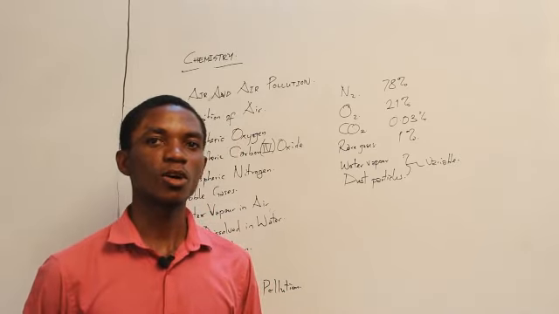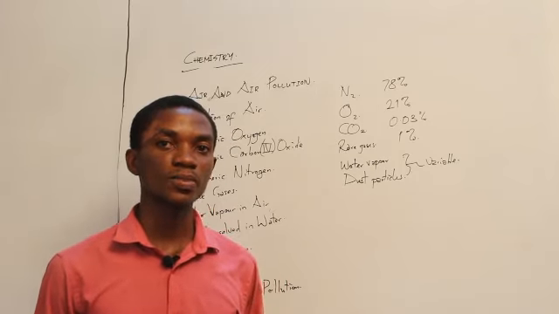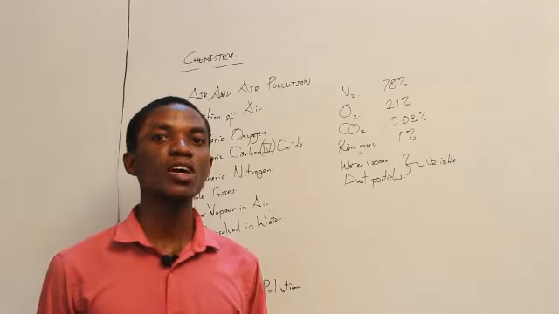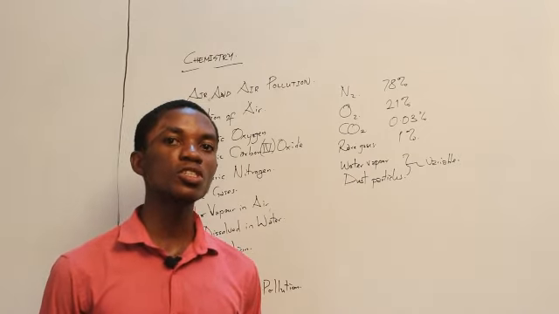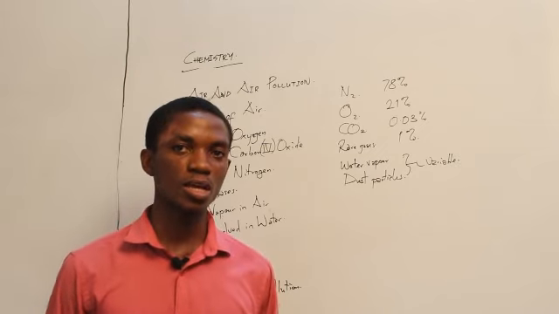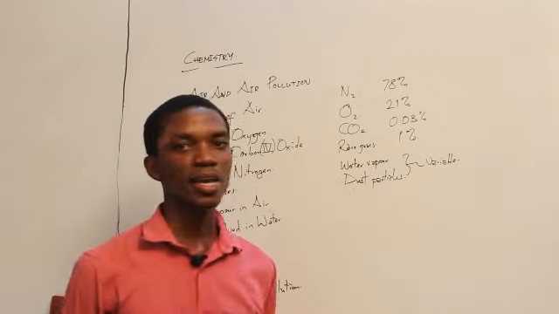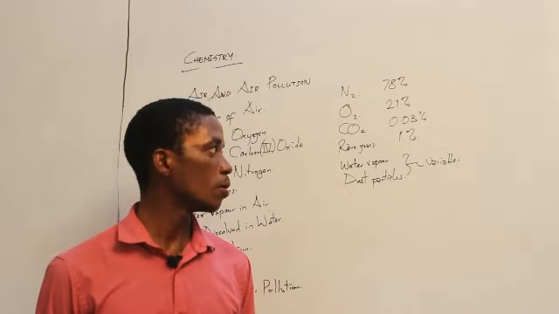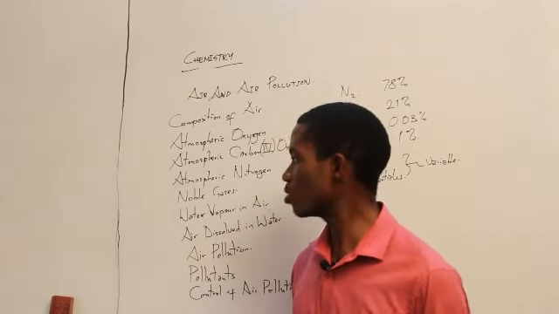Also, at the equator region, we have more humid weather conditions compared to the polar regions. So we at the equator regions have more water vapor in our air compared to people at the polar regions.